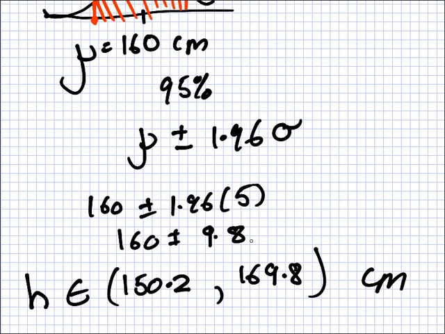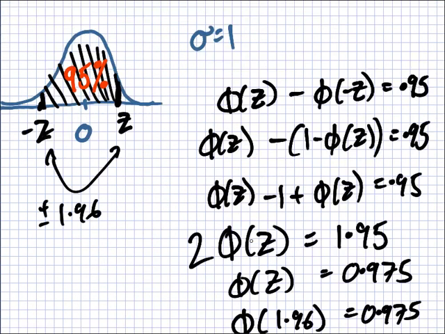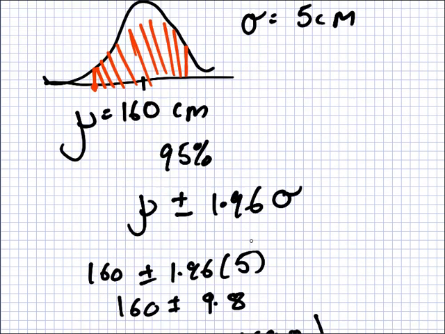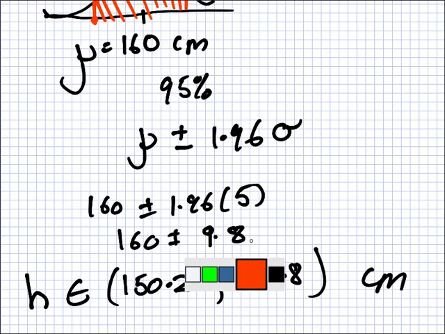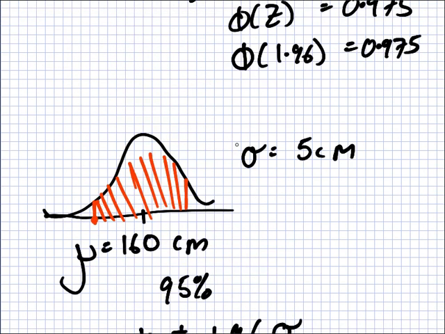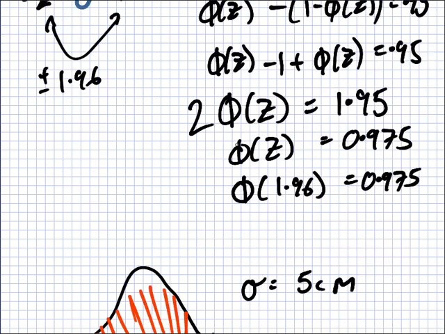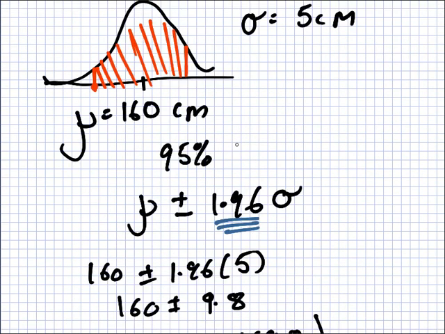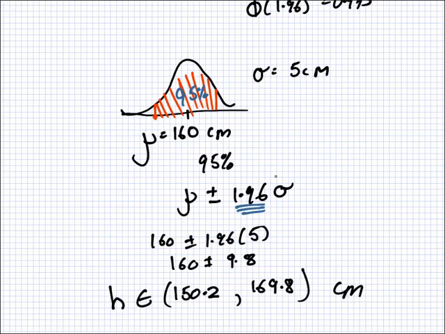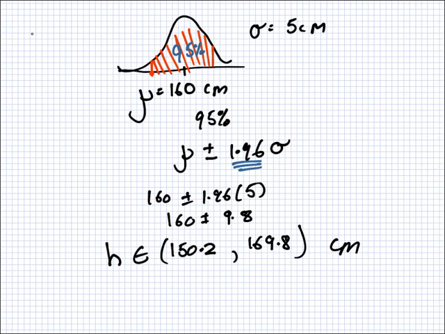I showed you how to use the table book to calculate the 1.96. But in the exam, they're happy if students remember that it's 1.96, and you don't have to recalculate it like how you did here to get the 95%. So you can remember that for 95%, it's 1.96 standard deviations. This would be an exam question, a simple sort of section A question.